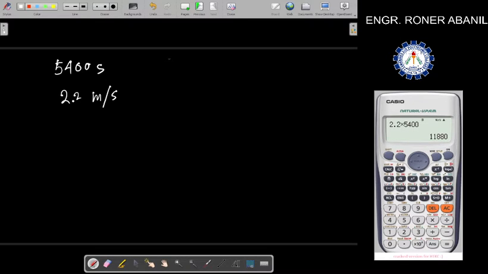Tapos nabasa mo sa problem, how far? So, ibig sabihin, distance yung hinihingi. Okay? So, dito, pag nag-unit analysis ka, katulad ng sinabi ko nung nakaraan, natandaan mo, wala naman siyang constant, so pwede mong gamitin yung unit analysis kung nakalimutan mo yung formula. Kung meter per second, syempre magiging meter per second din yan.